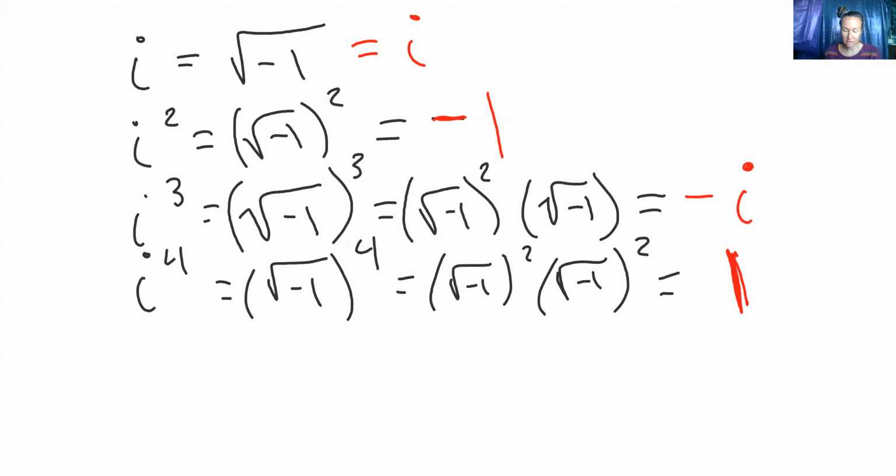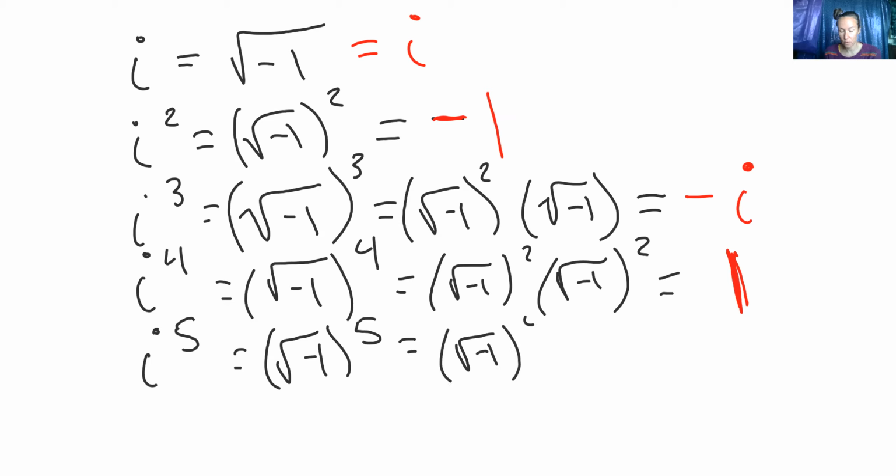Then we can do i to the 5th, and you'll see how our pattern starts to repeat. i to the 5th, square root of -1 to the 5th. Well, that's really square root of -1 to the 4th times the square root of -1. But we know square root of -1 to the 4th is just 1. This whole thing is just going to be square root of -1, which is, again, i.